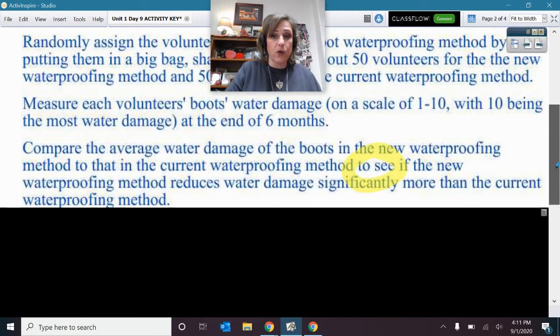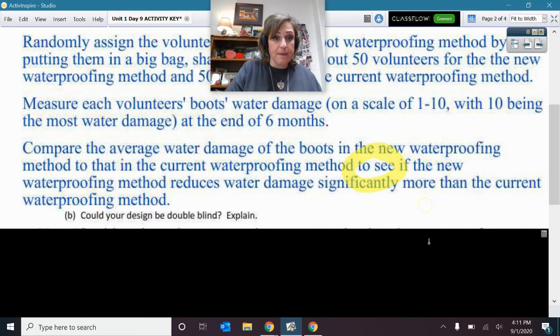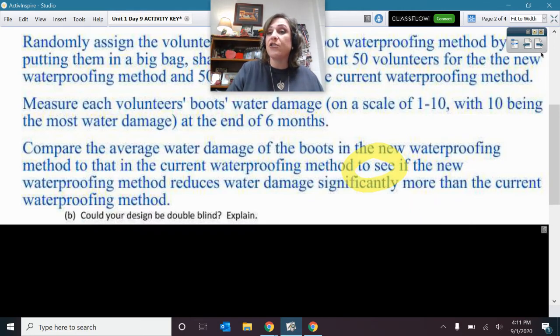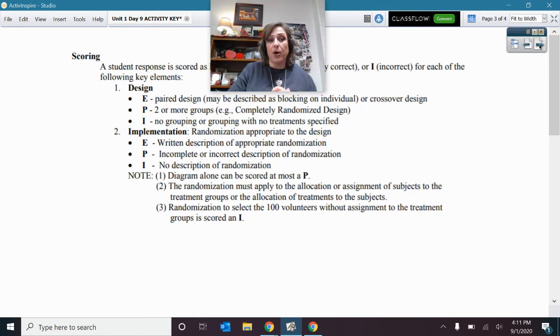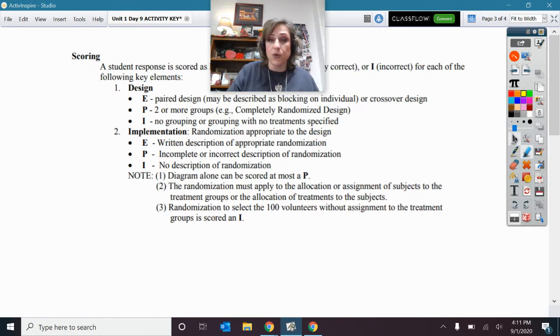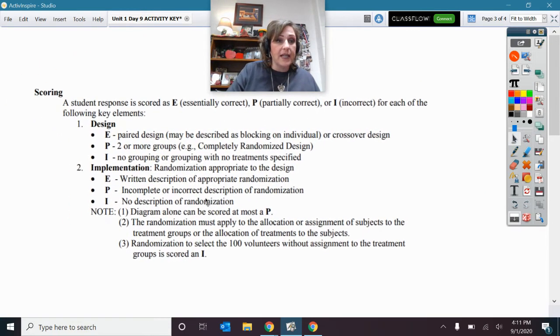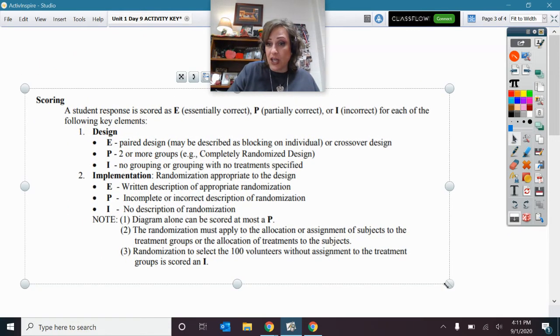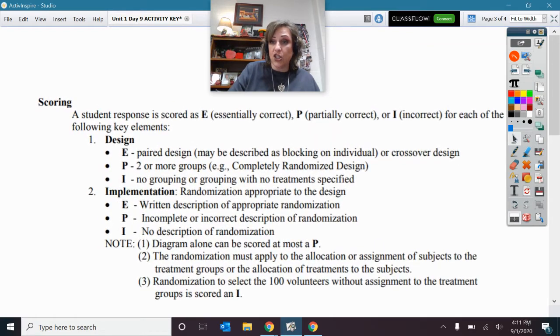All right, now we'll come back to this thing about the blinding in a minute. Let's actually go to the grading guidelines for that part. So the scoring guidelines looked like this. Let me get to where we can see this better. Okay, so there were two things here that we needed to have.